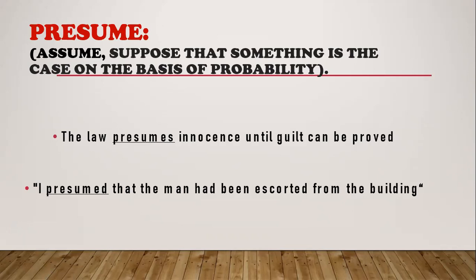No, you have to prove it, right? And the other one: I presume that the man had been escorted from the building. So, an interesting fact, guys, is that you have the way to presume people and objects or circumstances. It depends on the context. Okay, is there any question so far?